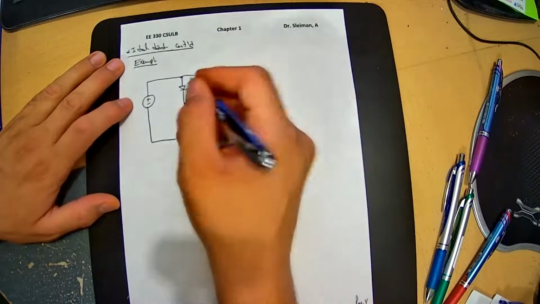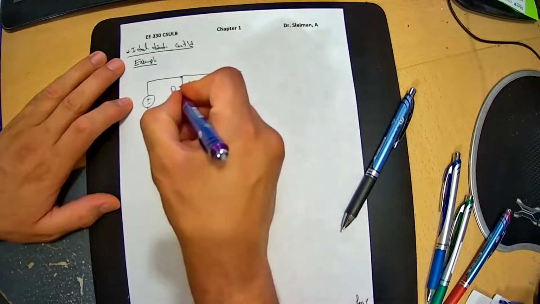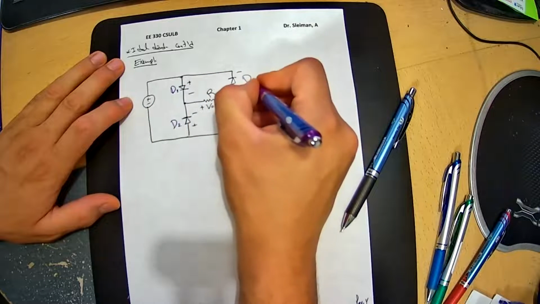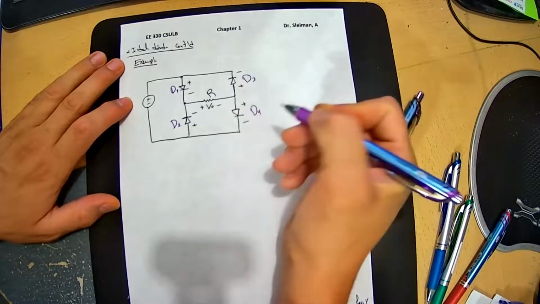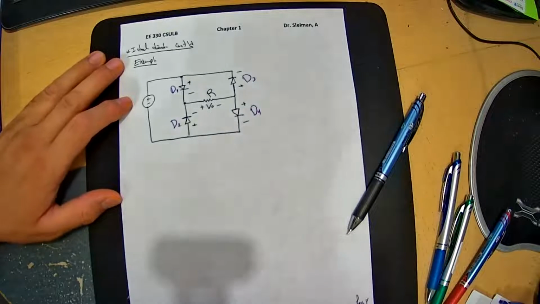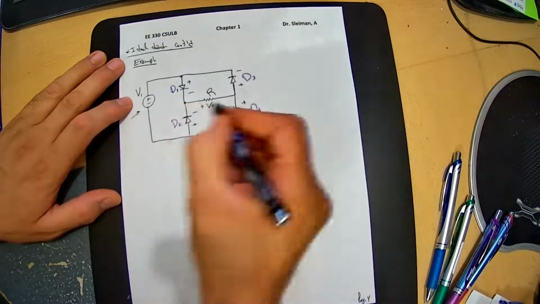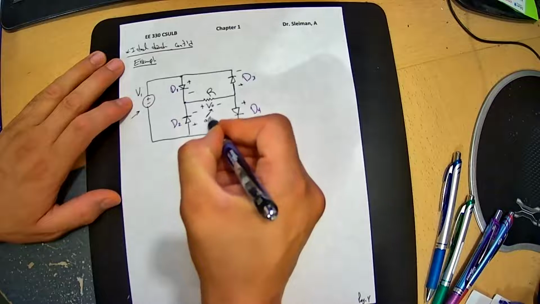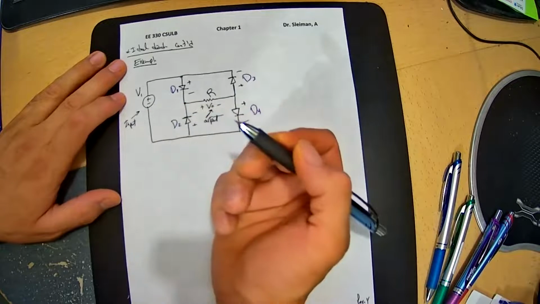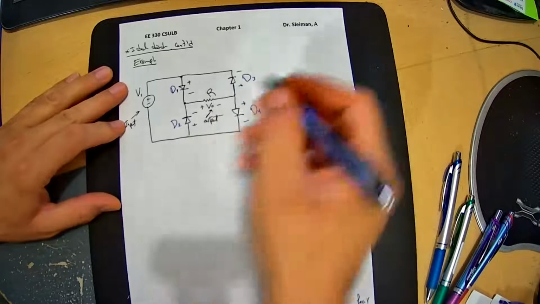So I'm gonna name my diodes D1, D2, D3, and D4. This is input voltage, output voltage. So in this manner, I have two cases.